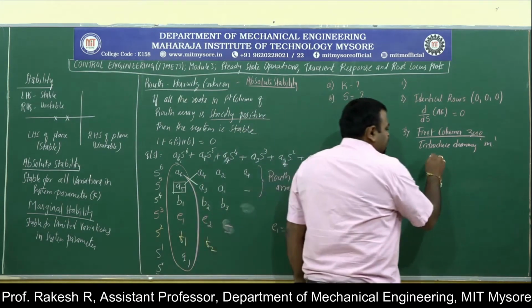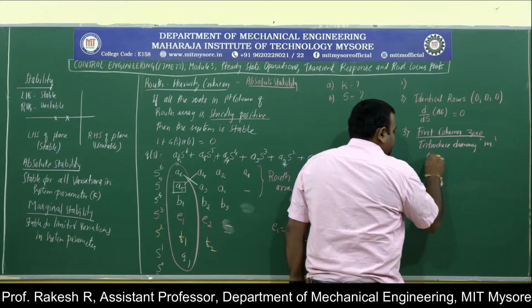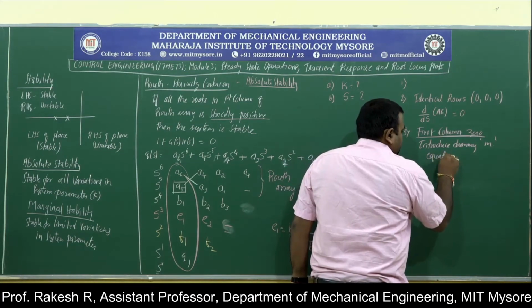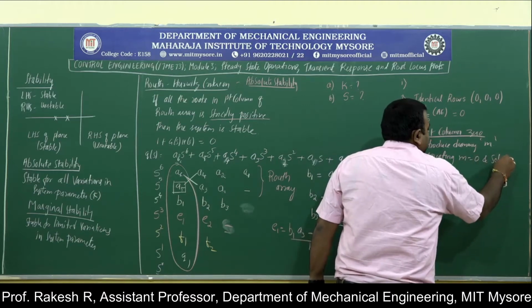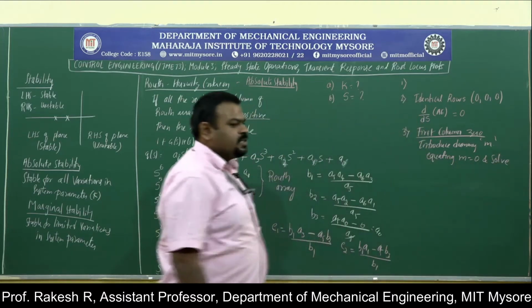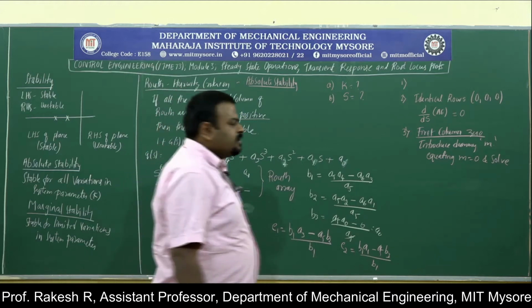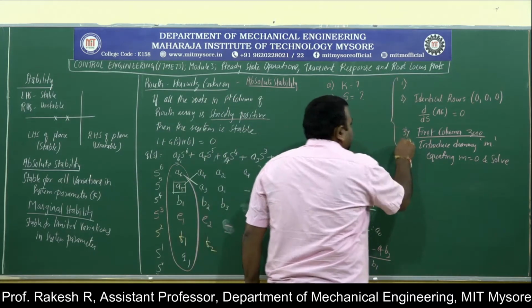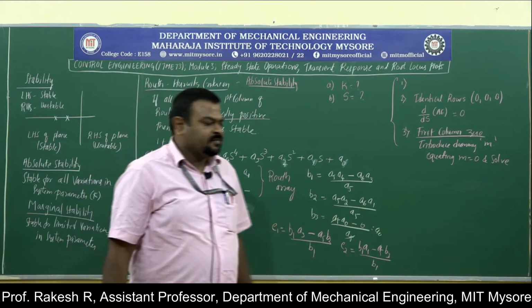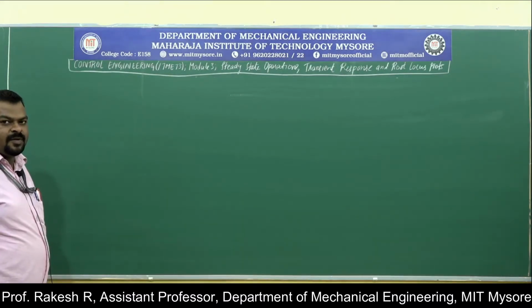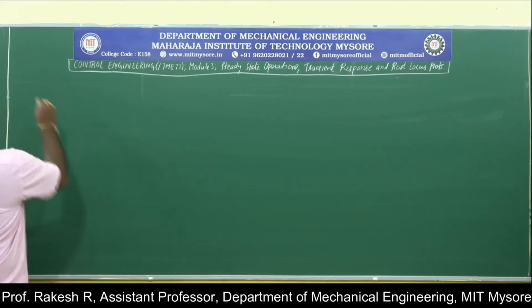After that I will be equating M is equal to 0 and then you have to solve. So totally there are 3 cases of problem. So these 3 are the important cases while solving Routh-Hurwitz criterion. Let us solve some of the problems on RH criterion.